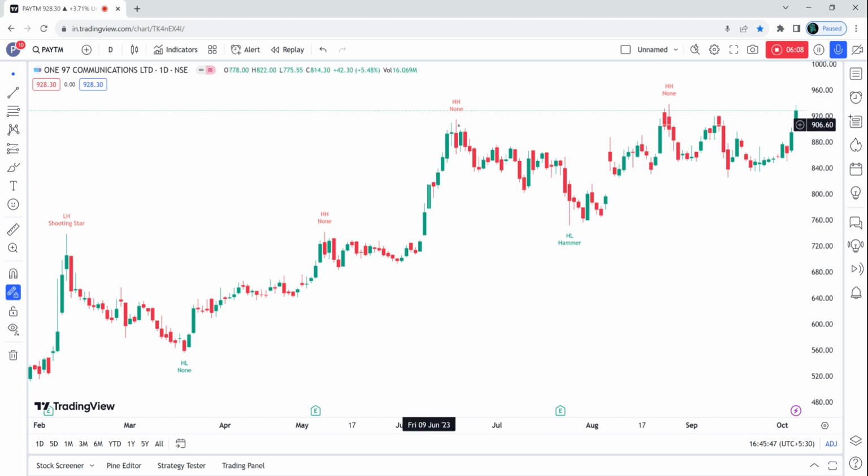After that, there was some selling pressure seen over here, which is really a three candle pattern, and though it is marked by default by TradingView as HH, this is actually an evening star.